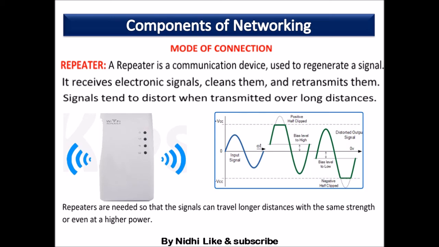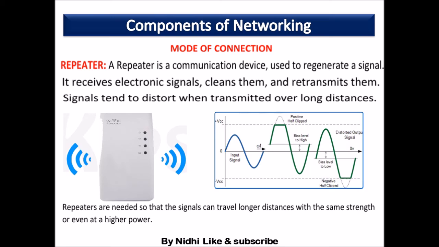Repeaters are needed so that signals can travel longer distances with the same strength or even at higher power. So repeater enhances the quality of the signal, cleans the signal and retransmits it. This is about the repeater. The repeater is also a device, and the diagram is shown here.